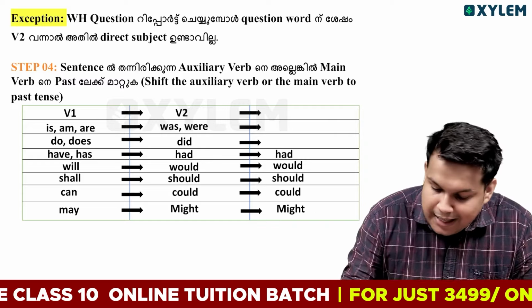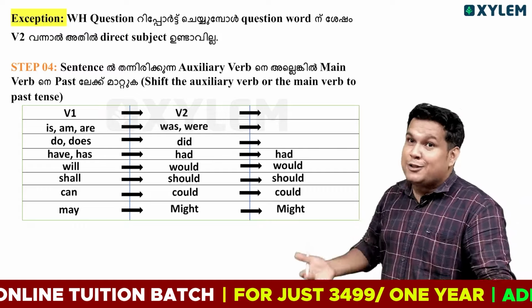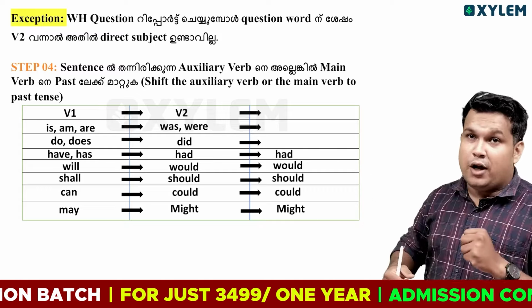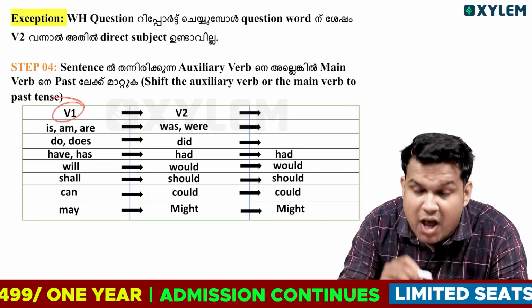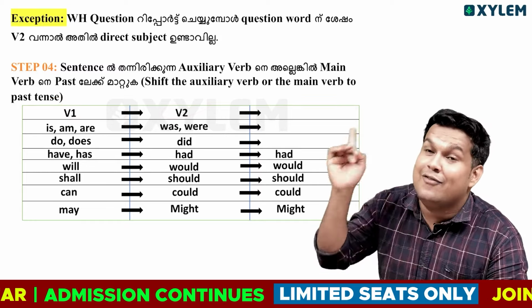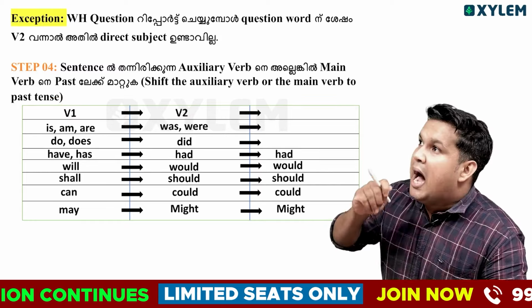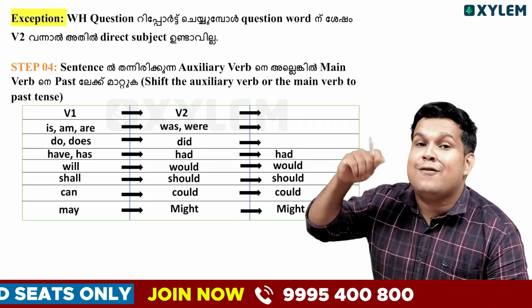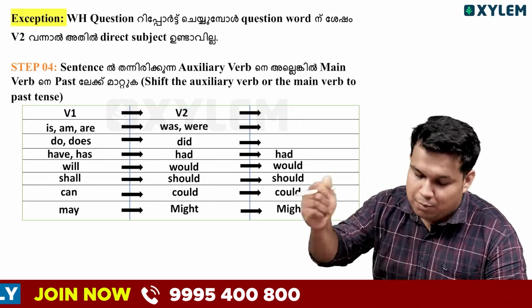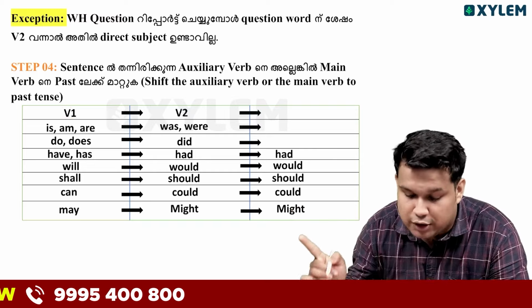And here is a small table which explains this backshifting of verb. For example, if it is a V1 verb, you need to convert that into V2. For instance, I play football will be converted into she played football or he played football. So V1 will be converted to V2.